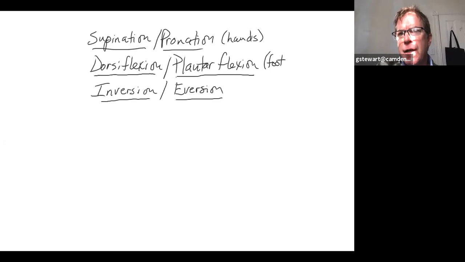That's inversion. Eversion is turning the sole of your foot out laterally. So I'm not going to show you my feet, but if my hands right here were my feet, inversion would be if I turn the soles of my feet inward toward the midline. Eversion would be if I turn the soles outward this way.